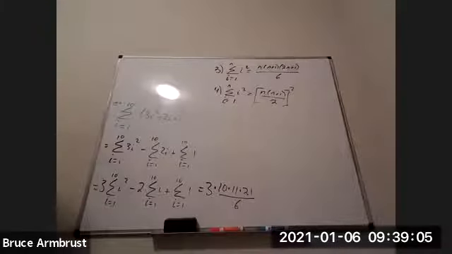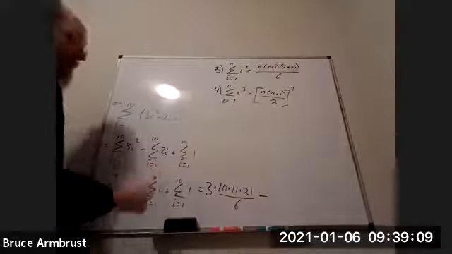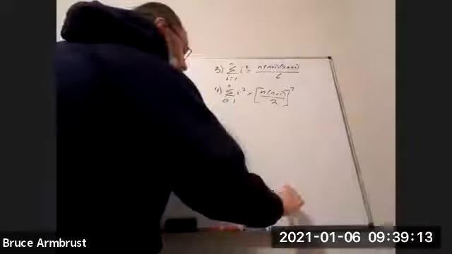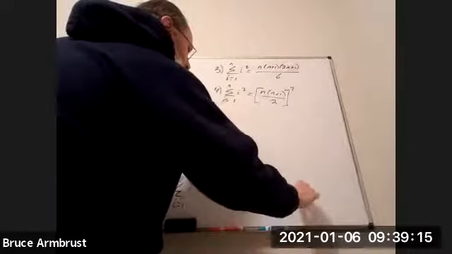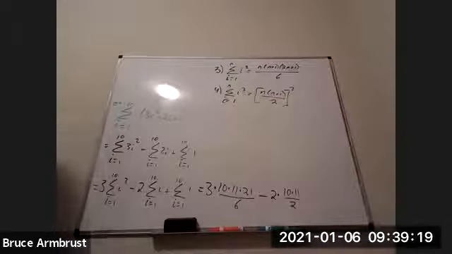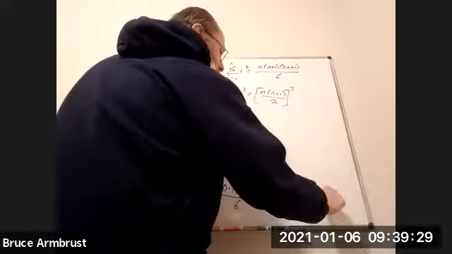Now for the i's, that formula was over here, but that was the one that was n times n plus 1 over 2. So we're going to get 2 times 10 times 11 over 2. And then the 1, I also erased that formula, but that one's going to give us 10 times 1.